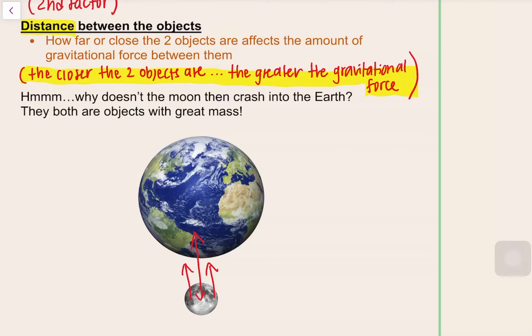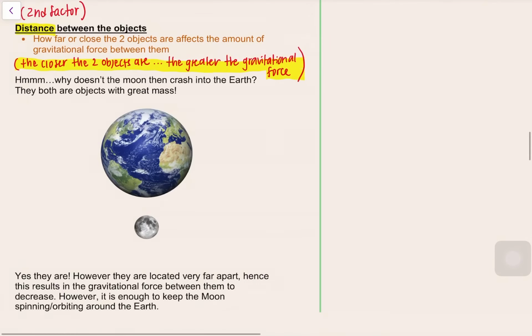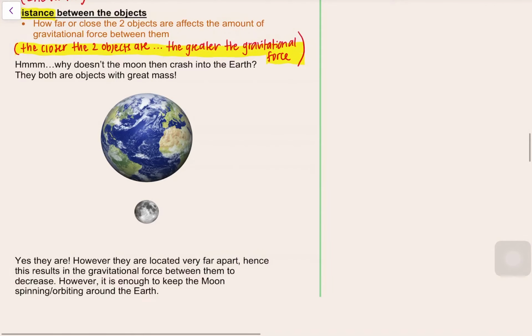Because of the gravitational force that is acting on the moon. Well, the explanation is simple. The moon and the earth are located very far apart. Therefore, the gravitational force between them decreases or is quite weak.